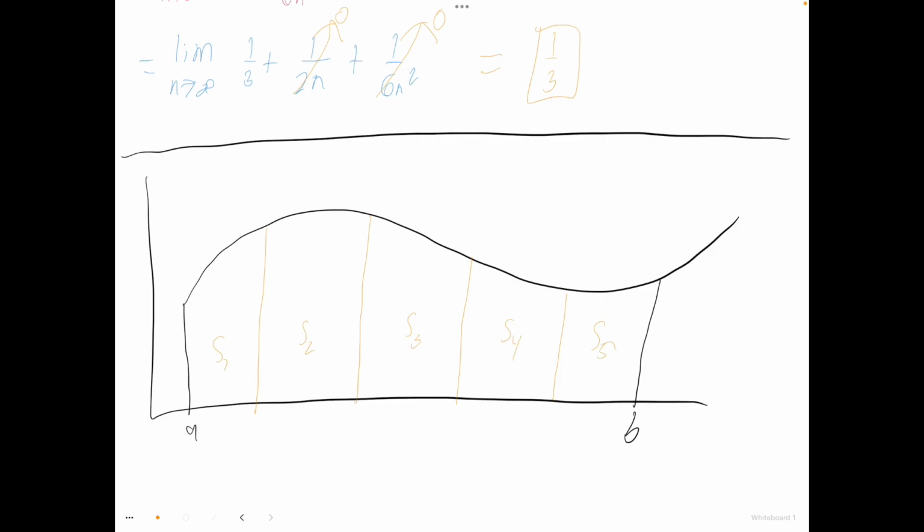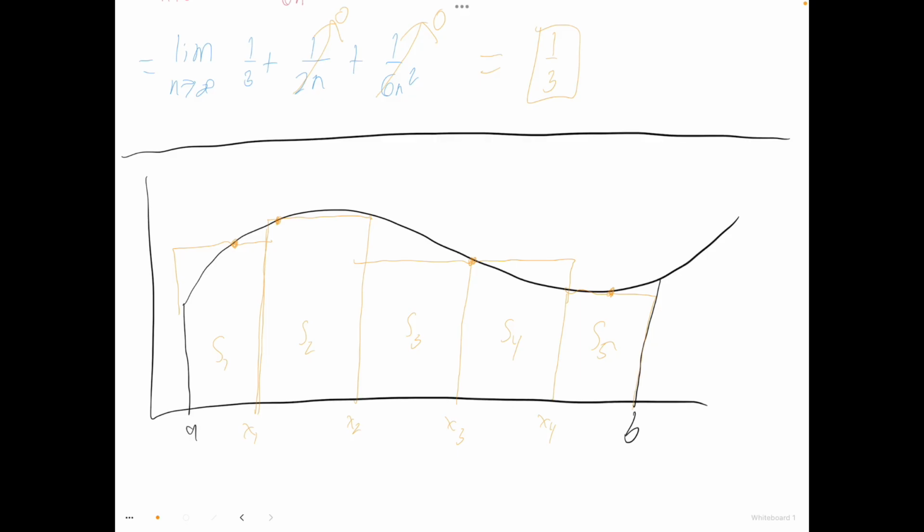It turns out if you pick any point in each of these intervals and use that, you will get the same answer. So let's say I pick this point for my rectangle in the first region. On the second one, I'm going to pick this point right here. The third one, I am going to use the left endpoint. On the fourth one, I'm going to use the right endpoint. On the fifth, I'm going to use the left endpoint. Then I'm going to use the midpoint on the sixth.